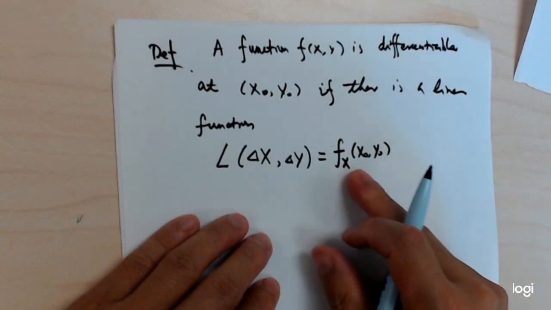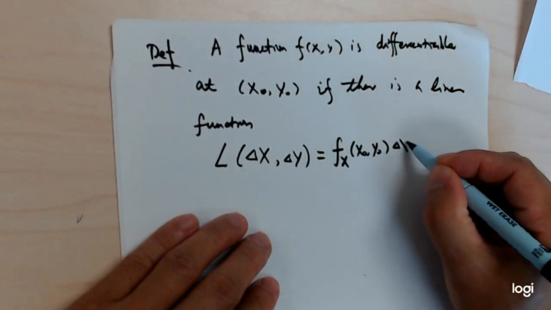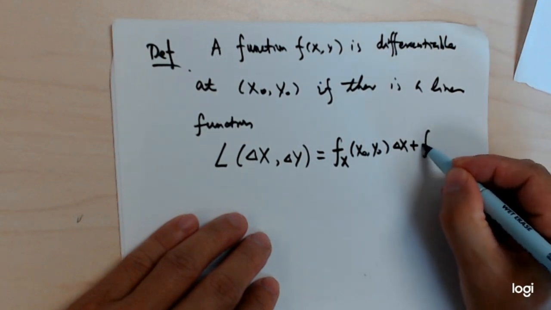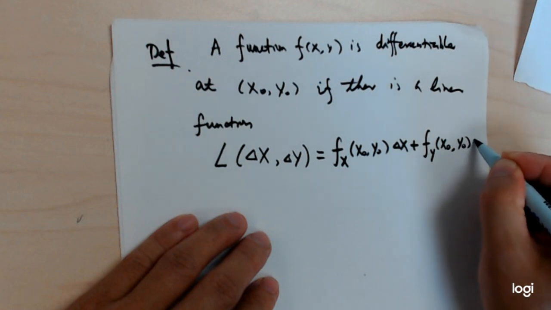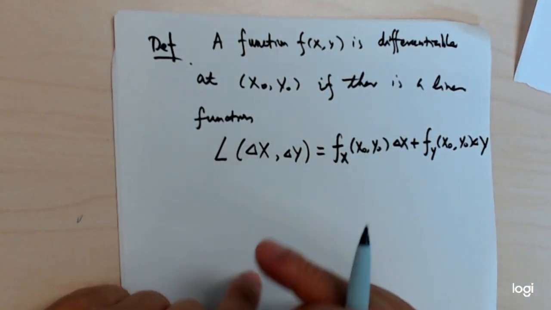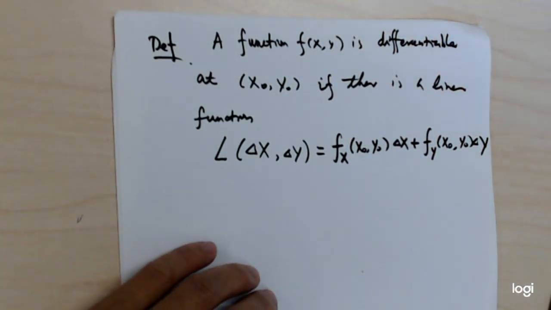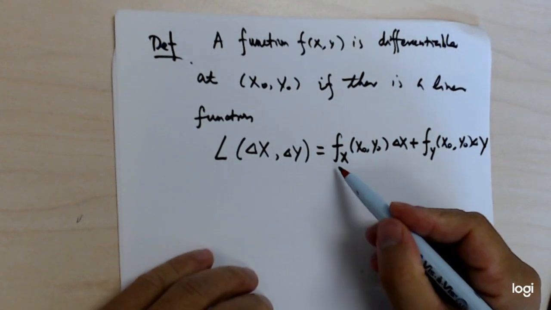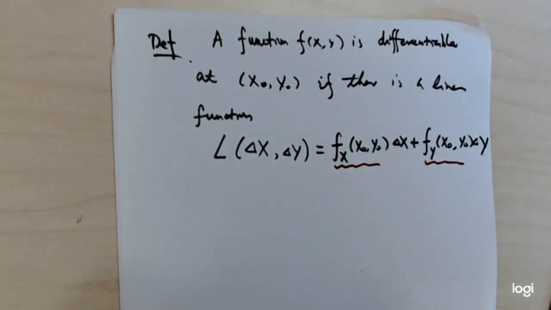So that's a number, that's a constant, times delta x, and another constant times delta y. So that's a linear function of delta x and delta y, which is given by this formula here. Once again, this is another constant times delta y.